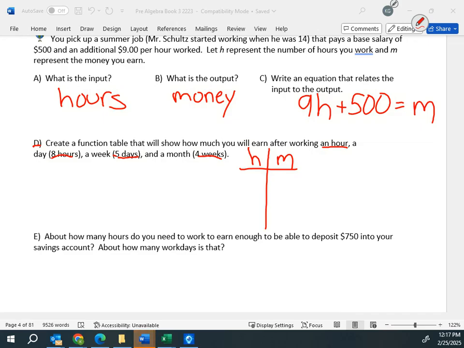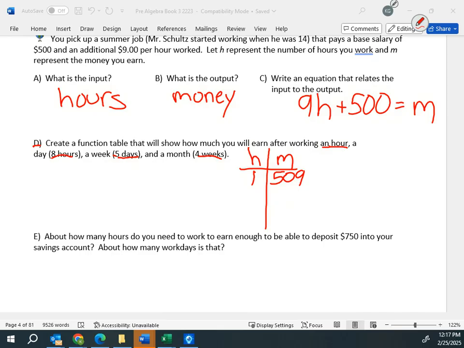David? 1. My first number is going to be 1. I work an hour, 1 hour. How much money am I going to have if I work for 1 hour? Vivian? $509. What's my next number input going to be?